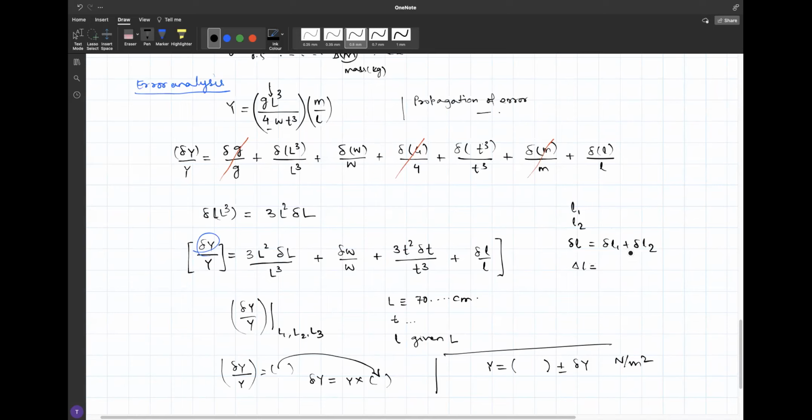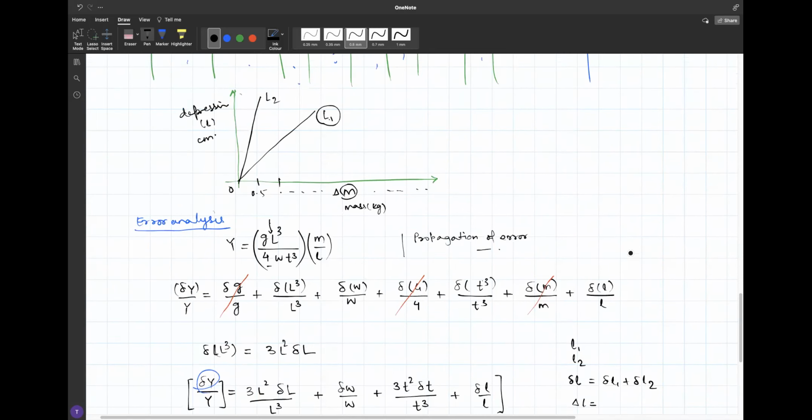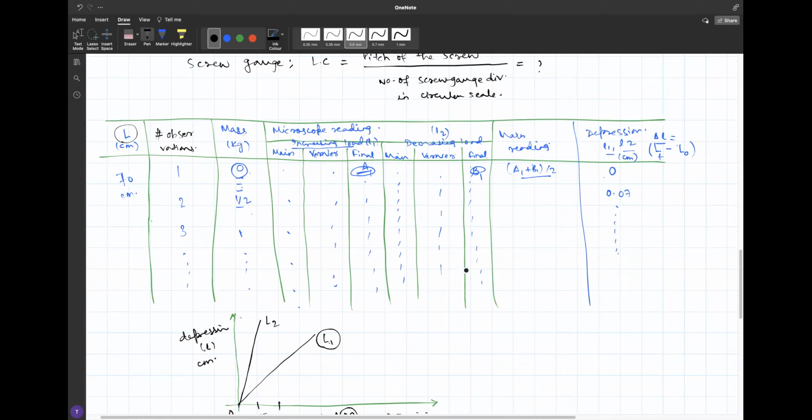Yes. So if you go back to the table, and you have these L values here, right? I said that we take one as L1 and one as L2.